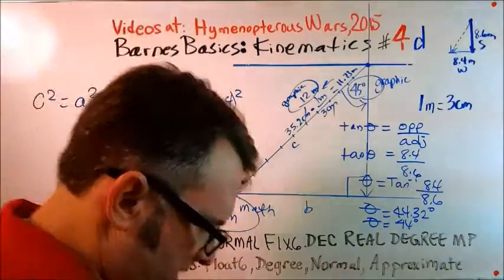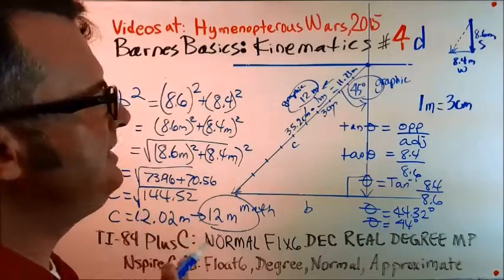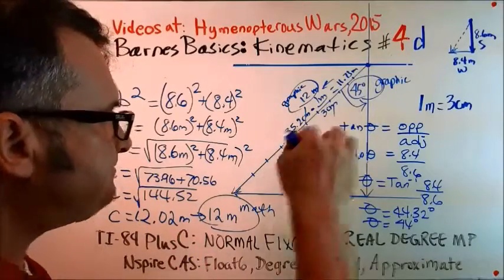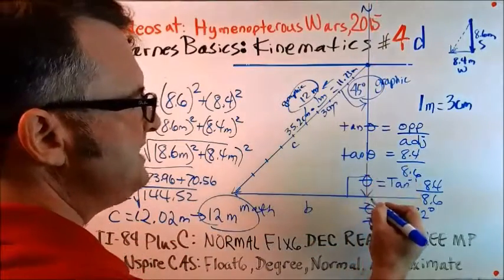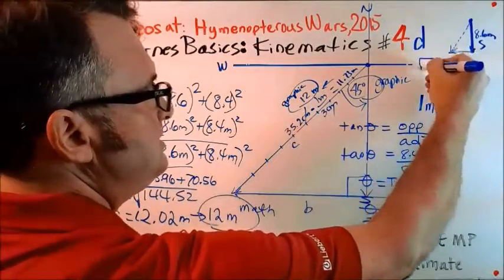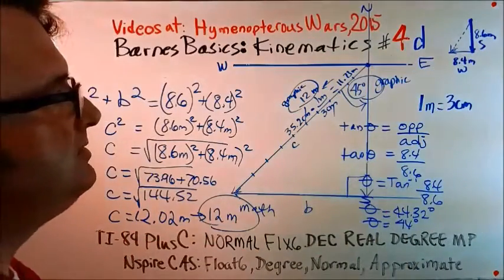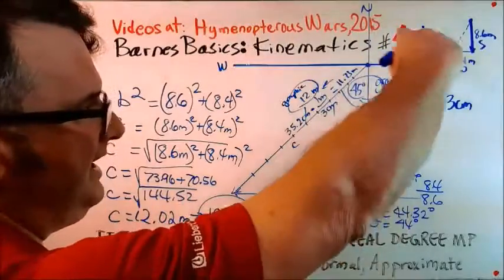What we need to think about is, how does your teacher want you to report this? This is north. This is south. This is west. This is east. Does your teacher want you to report your answer in relationship to the x-axis?